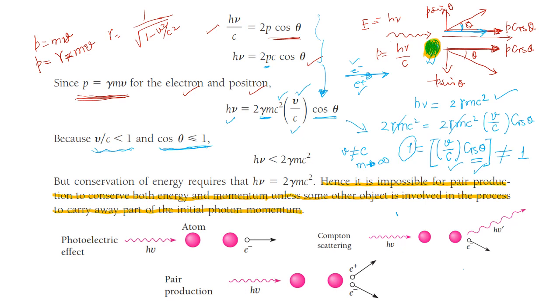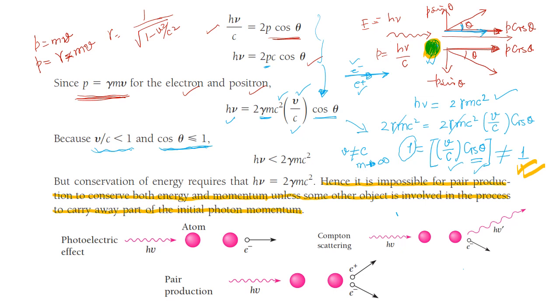Because the nucleus is very heavy, part of the momentum is carried away by the nucleus, and we also know that a very small amount of energy is also taken away by this nucleus. So the main thing is that the momentum part, which is taken away by this nucleus, is responsible to correct this energy and momentum conservation relation.